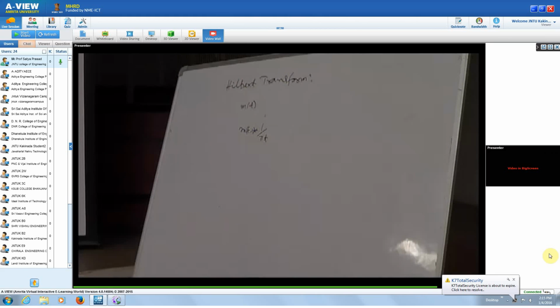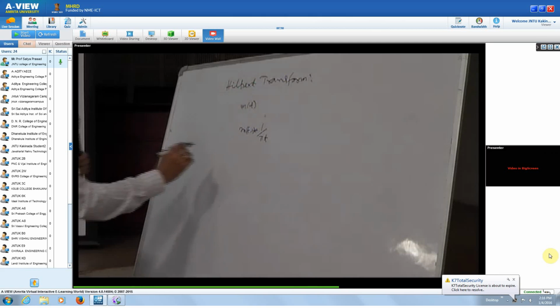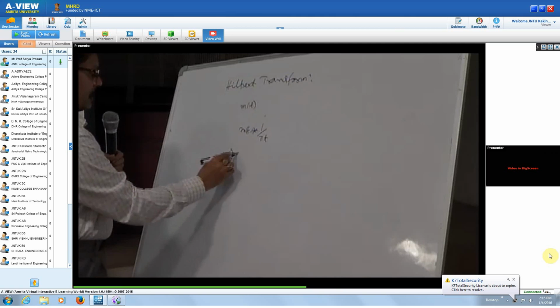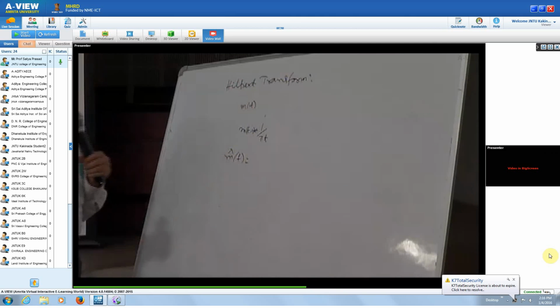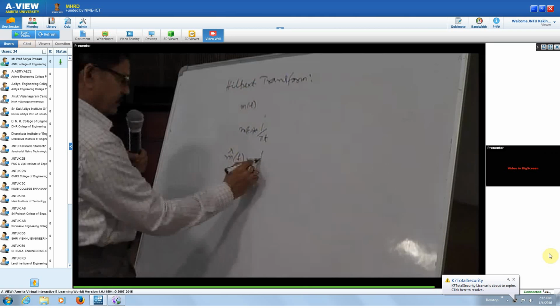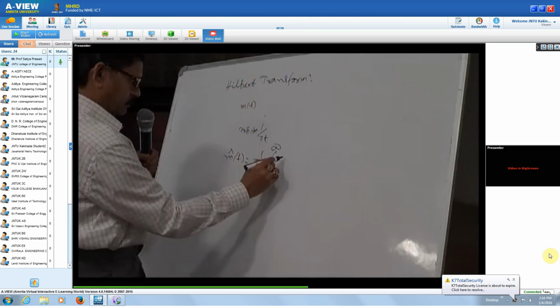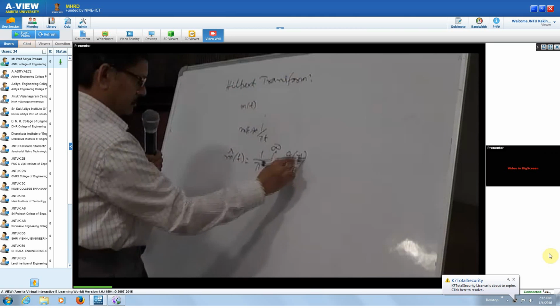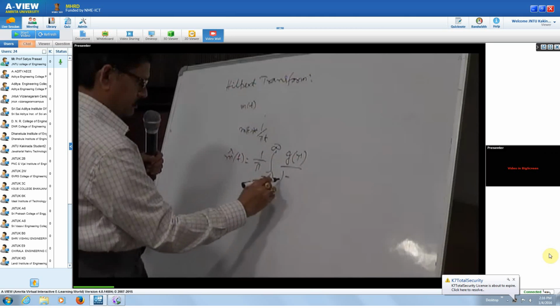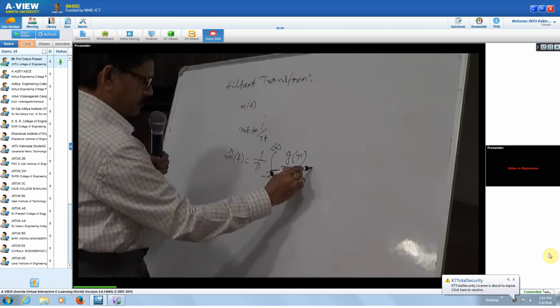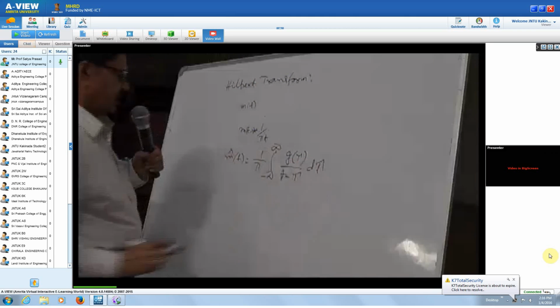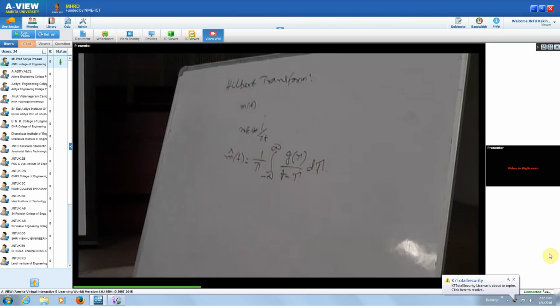One thing is your signal is convolved with another signal 1 by pi t, so that you have m hat of t, the Hilbert transform of m of t, as 1 by pi integral m of tau by t minus tau d tau.